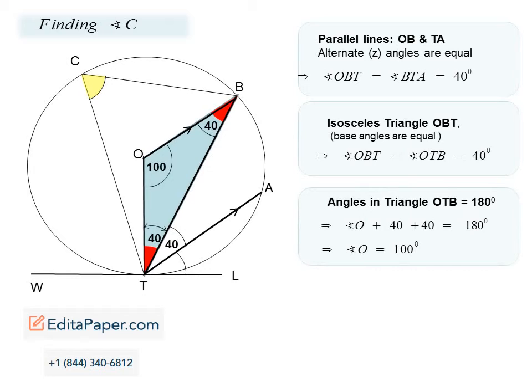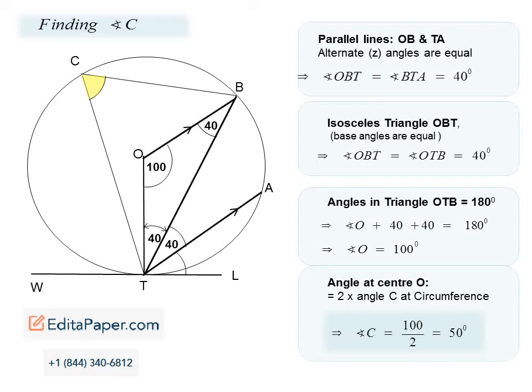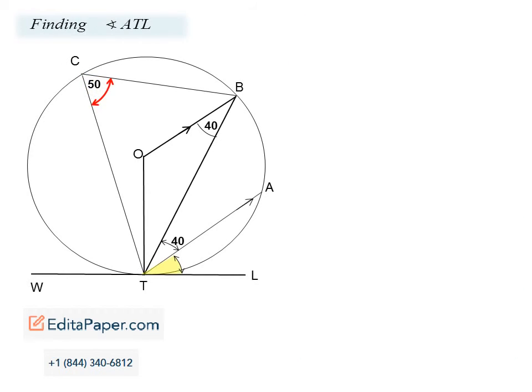This gives us immediately our third angle, which is at the center, as 100 degrees, since angles in a triangle must add to 180 degrees. From this, using the theory which speaks to the angle at the center, we find angle C as half angle O, which is 50.